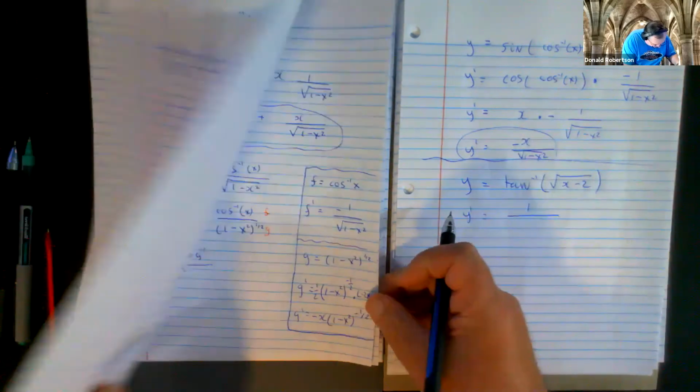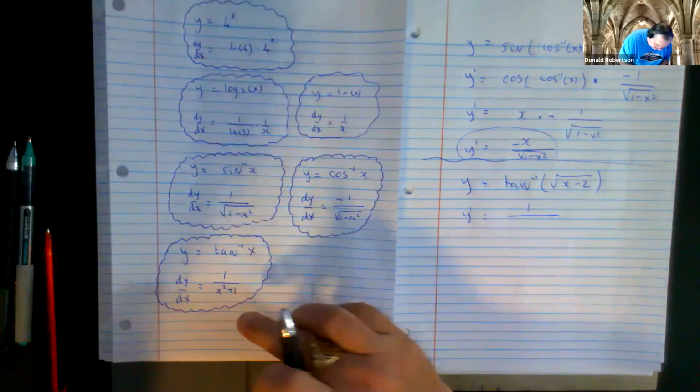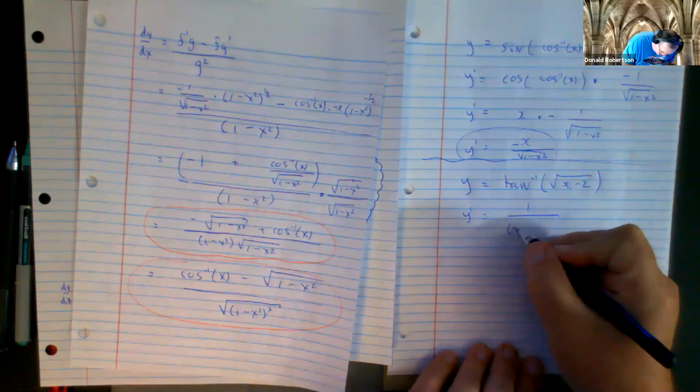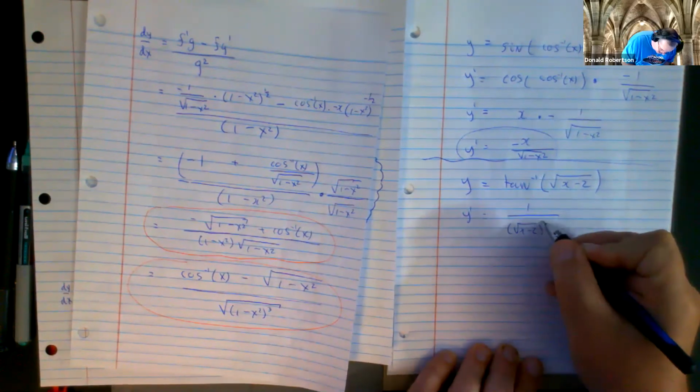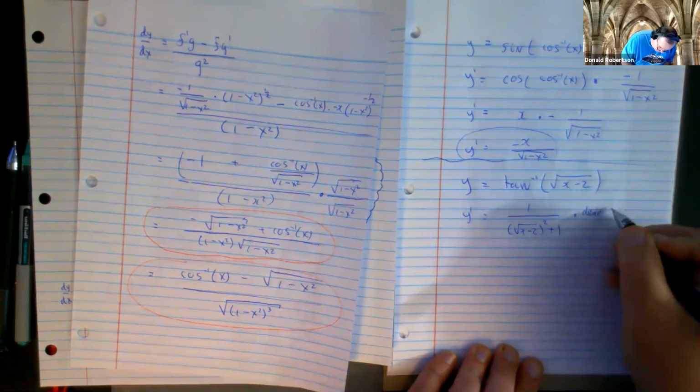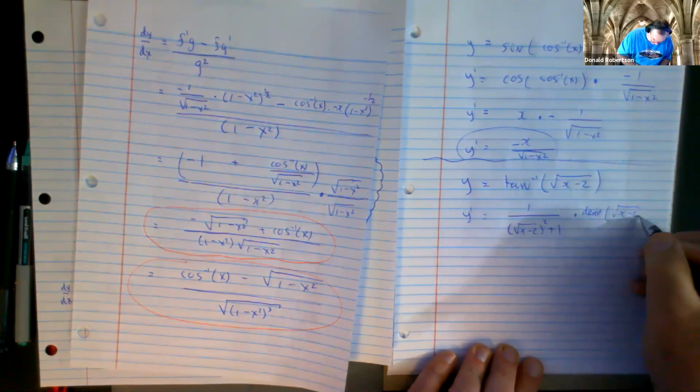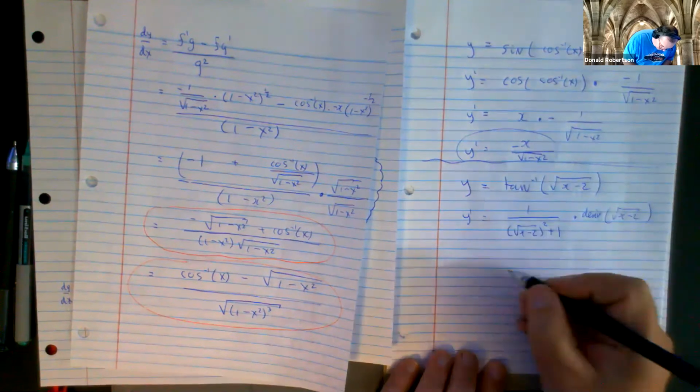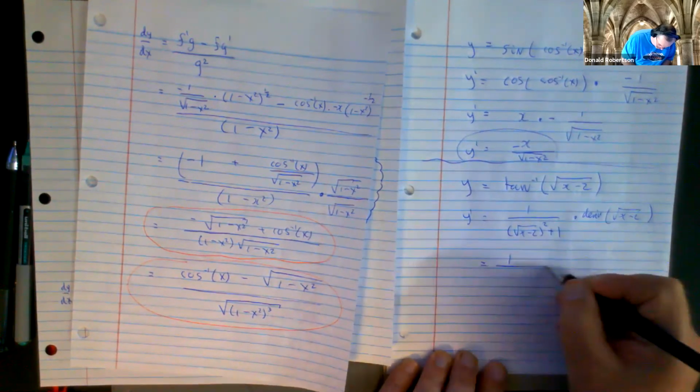It's the same thing, but I just want to be consistent. It's something squared plus 1. So 1 over something squared plus 1 times the derivative of that something. I'm doing my usual of writing the thing down when it gets really messy.